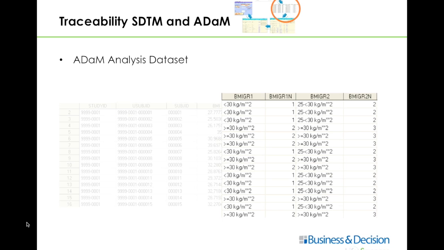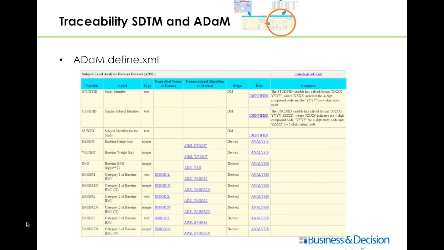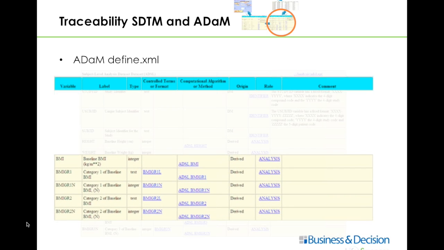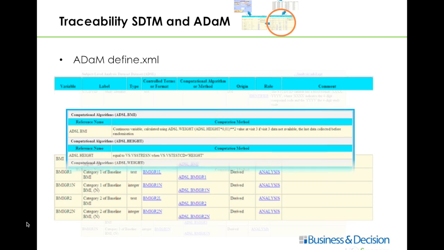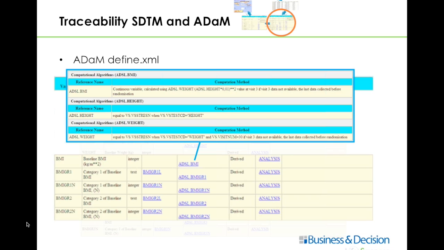At the level of the define, you will be able to see that this BMI has a computational algorithm associated to it, ADSL.BMI. And you can click on that hyperlink to see which algorithm is being used.